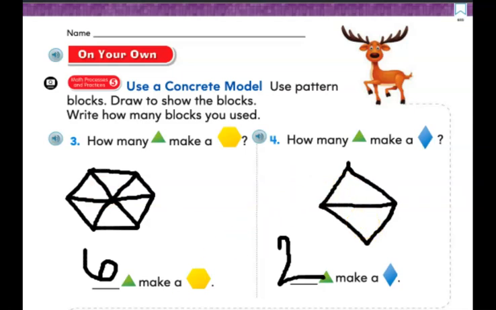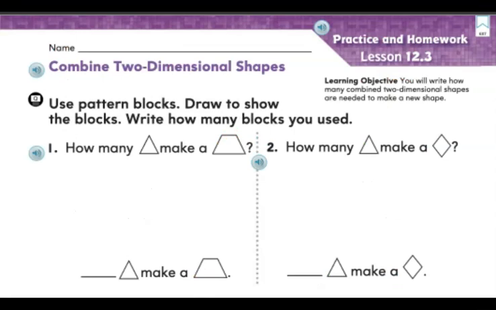All right, and we are now on page 687, and this is the last one for lesson 12.3. We are looking at how many triangles make a trapezoid and how many triangles make a diamond, which we just completed. So remember, let me get my pencil back out.